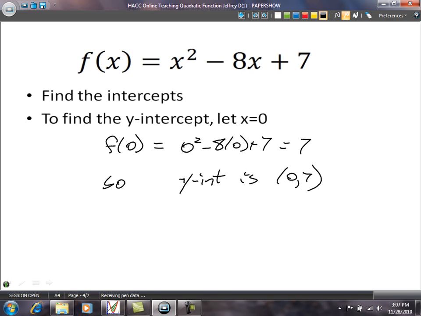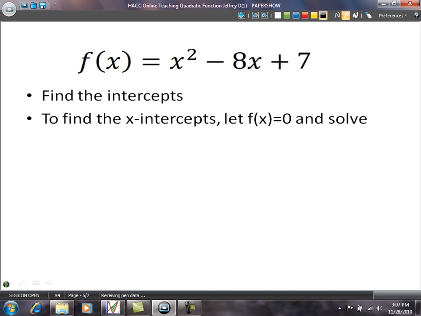To get the x-intercept, we let the function equal 0. Now you let y be 0 and solve. So you get 0 is equal to x squared minus 8x plus 7. A few participants in the class used the quadratic formula. That's alright. We could also factor it.